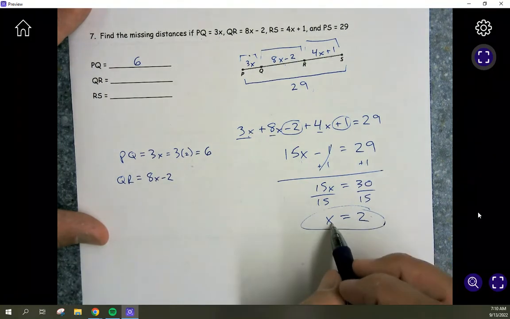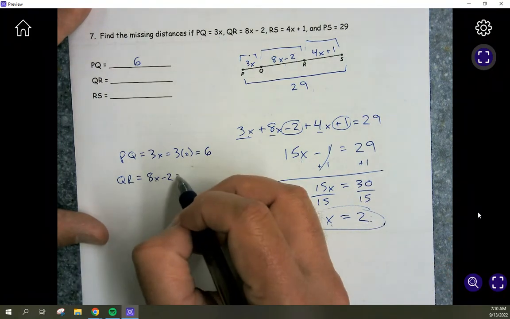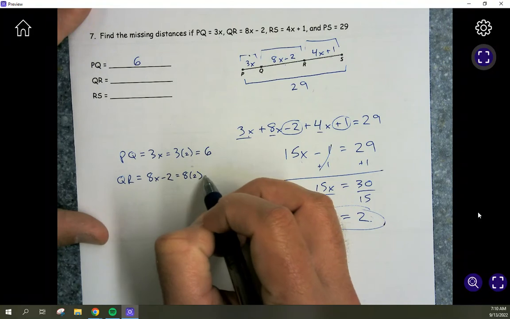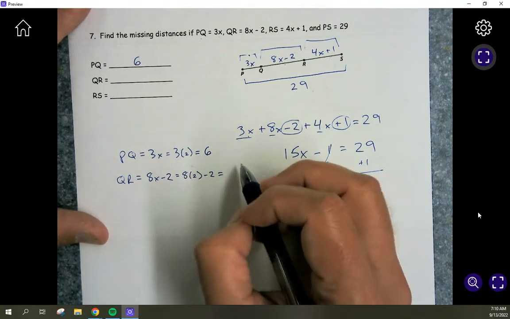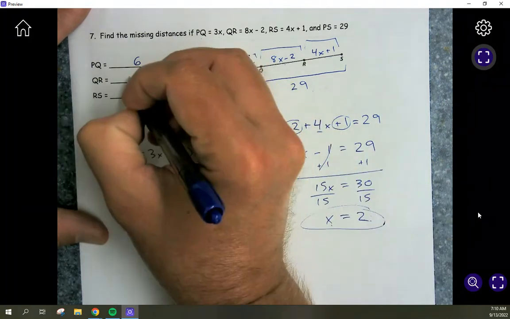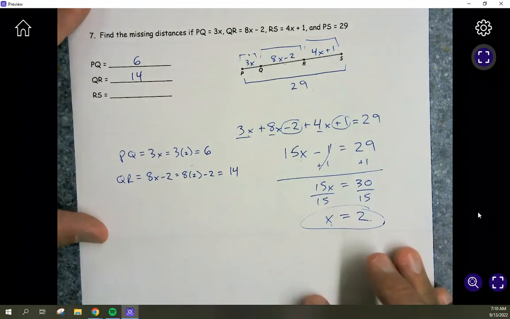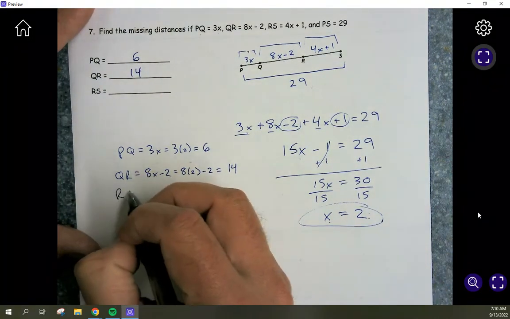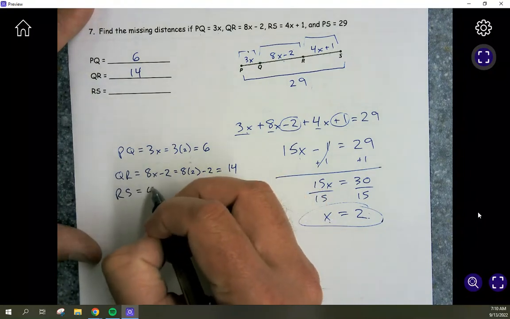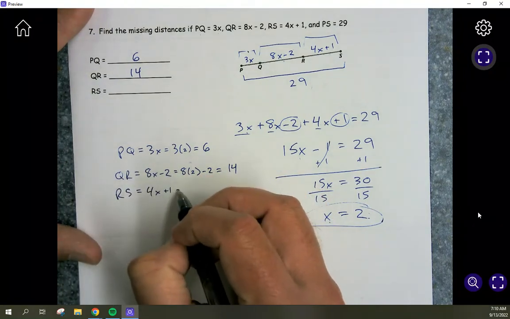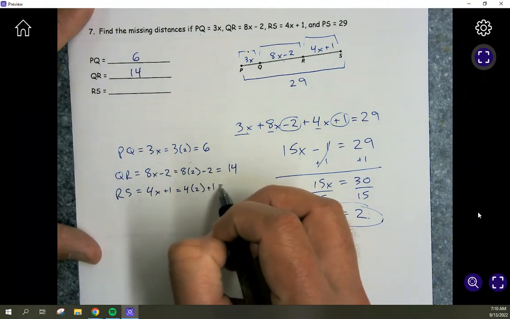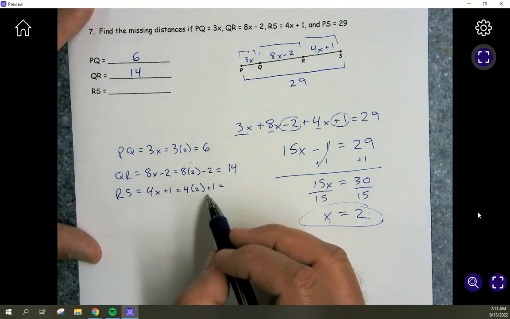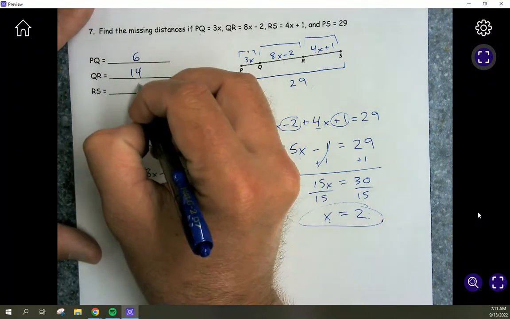I'm going to plug my answer of 2 in for x, so it's 8 times 2 minus 2. 8 times 2 is 16, minus 2 is 14. So QR is 14, and then RS, 4x plus 1, plug the 2 in, 4 times 2 plus 1. 4 times 2 is 8, plus 1 is 9.